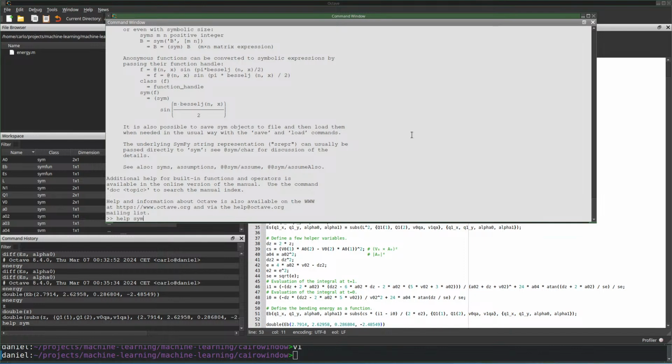So let's try this again, and now without sim, comma f. That was how it was done. I think so.